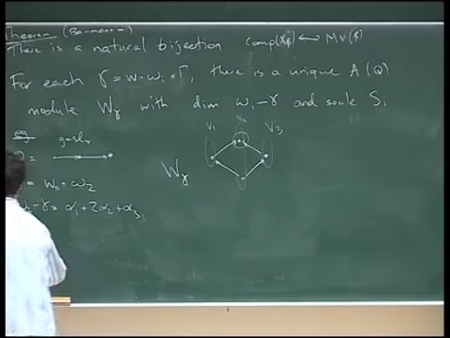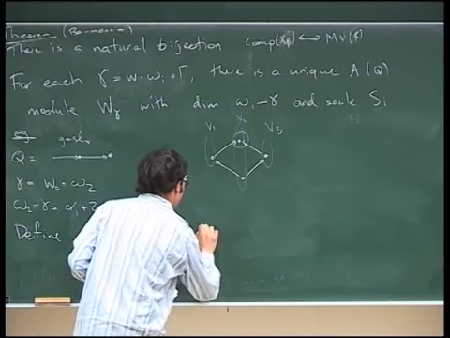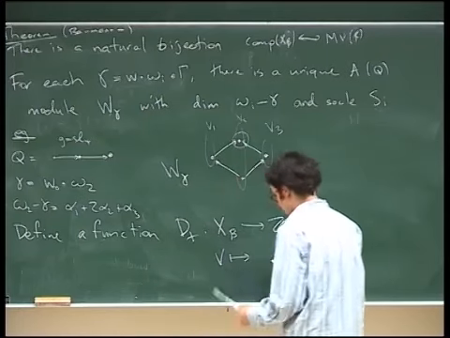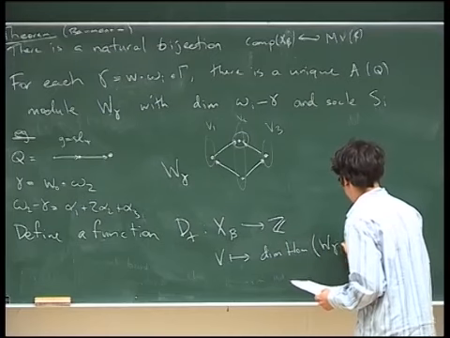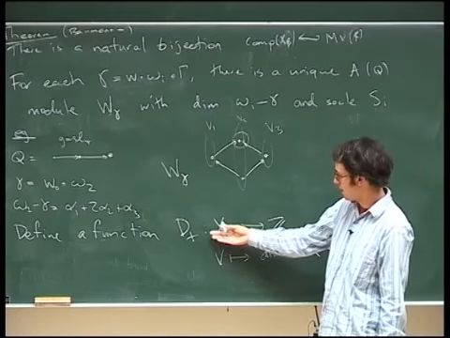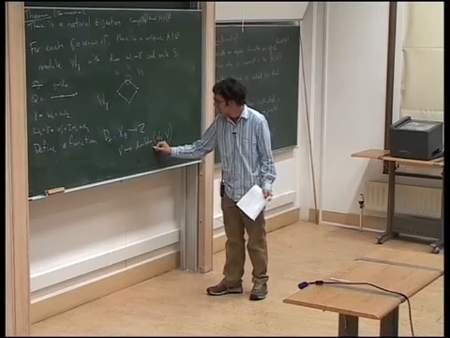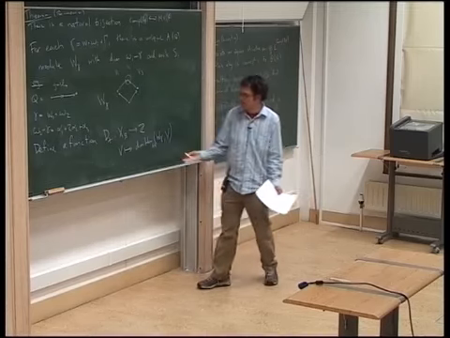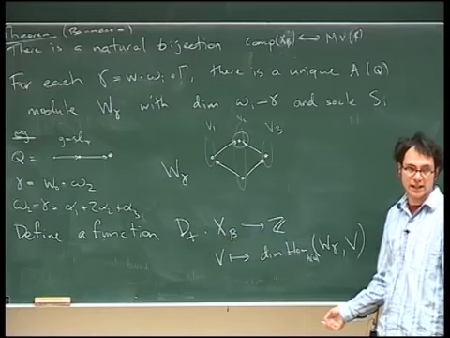Define a function d gamma from my X beta to the integers by V goes to the dimension of the Hom space from W gamma to V. Any point in X beta is an AFQ module, so I can look at the Hom space between these special modules and my module V. I can take the dimension of that Hom space, and there will be a constructible function on this affine variety X beta.